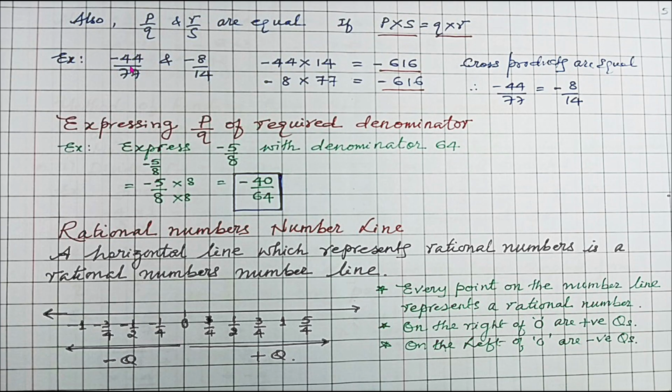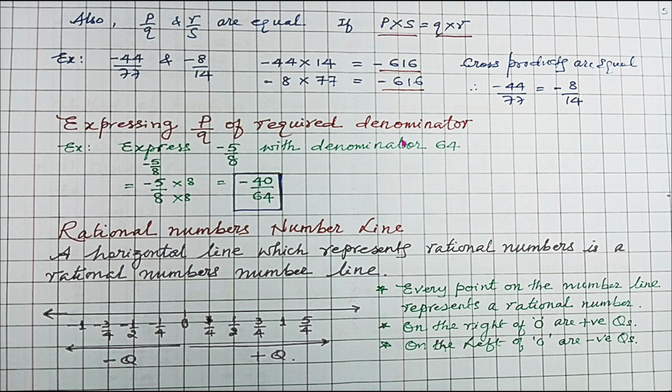For example, for minus 44 by 77 and minus 8 by 14, minus 44 into 14 is minus 616, 77 into minus 8 is again minus 616, and therefore the cross products are equal. Therefore, these two are equal rational numbers, and please don't forget that.